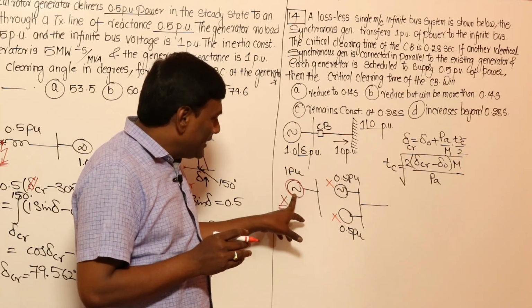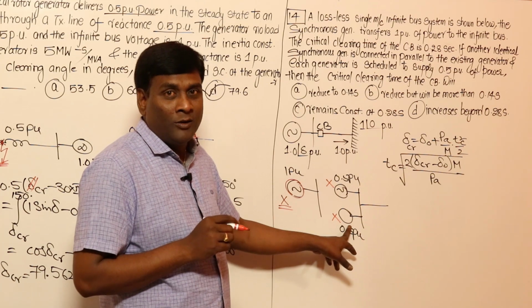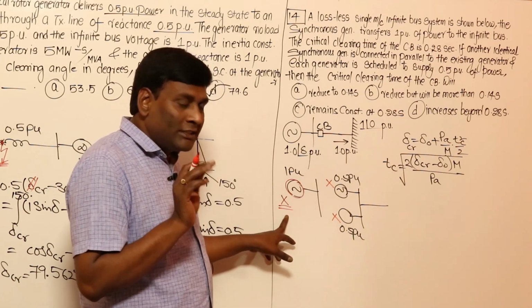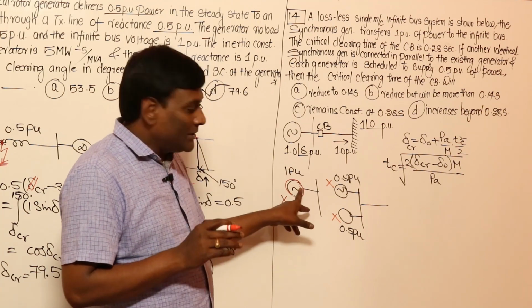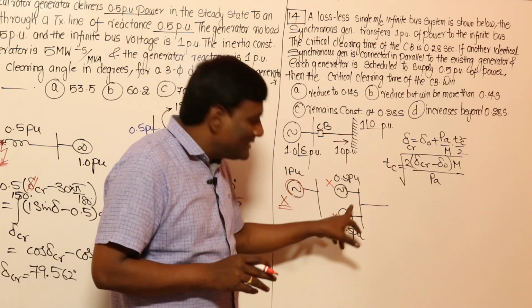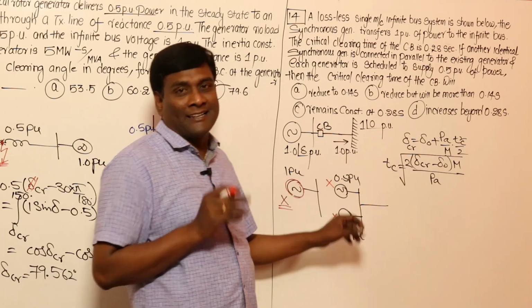So M here and M here will be the same. Just logically, if it is an X MVA rated machine, and if it is X by 2 and X by 2, then M also can be the same, like PA, the accelerating power.